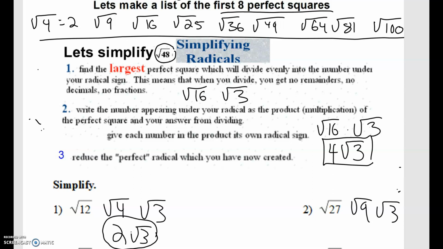So the one that's perfect, we're going to break down. Our answer is going to be the square root of 9 is 3, so 3 root 3. And that actually means 3 times the square root of 3.